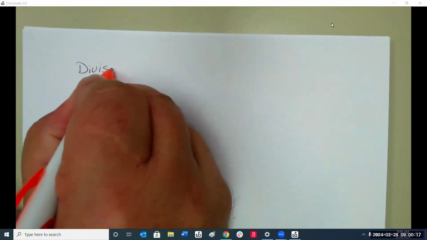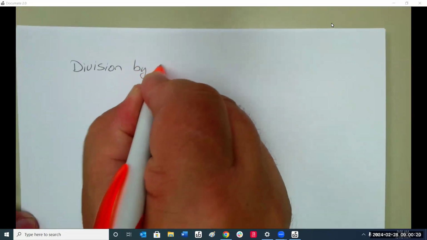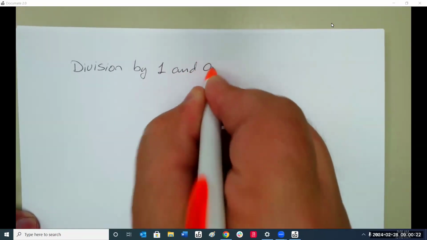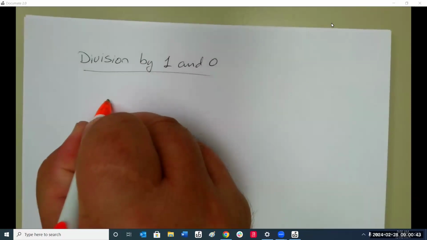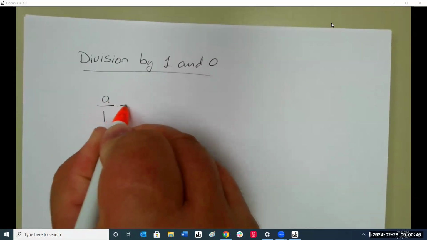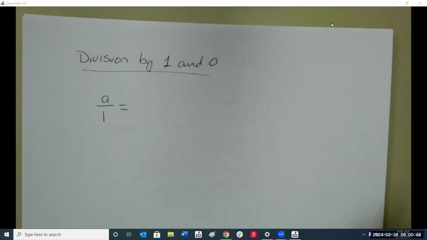You want to know another part of division that's difficult for students? Division by 1 and 0. Actually, this is a philosophical discussion as well. Any number divided by 1 is what? Itself.